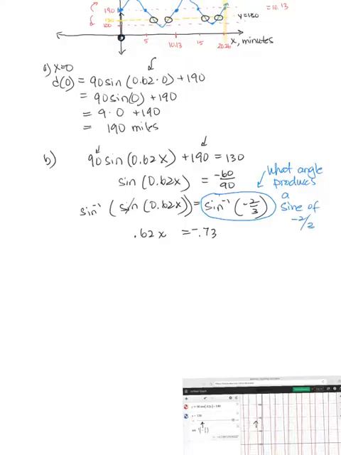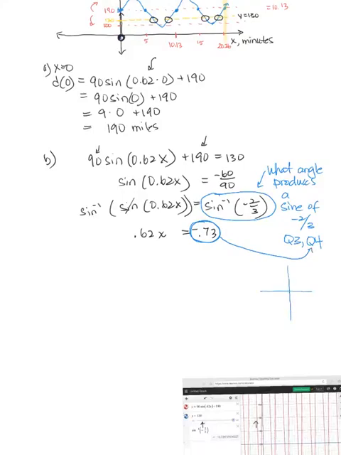And you're only going to see a negative sine in quadrant 3 and quadrant 4, right? Think about that for a second. And so it doesn't surprise me that I'm seeing this result that the calculator gave, because that is an angle that's in quadrant 4. Can you visualize that?